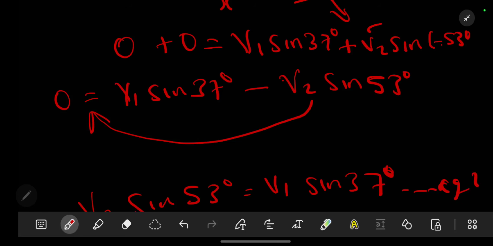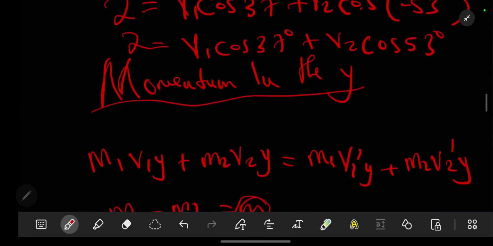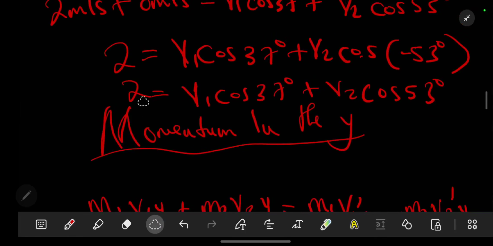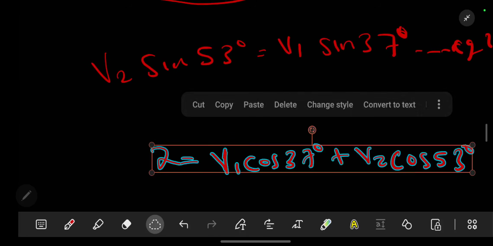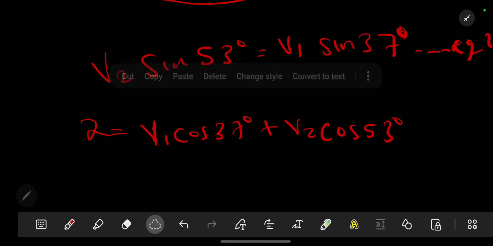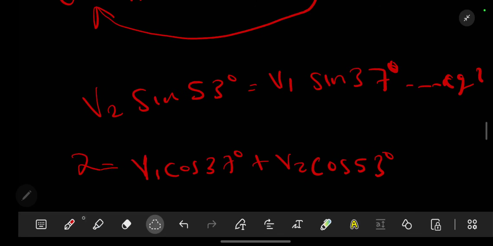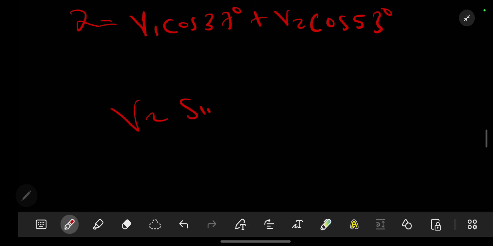So in this case we have 2 equations. Having this one as our first equation, let's make v1 the subject of the formula for this equation. How do you do that? We have v2 sine of 53 degrees should be equal to v1 sine of 37 degrees.